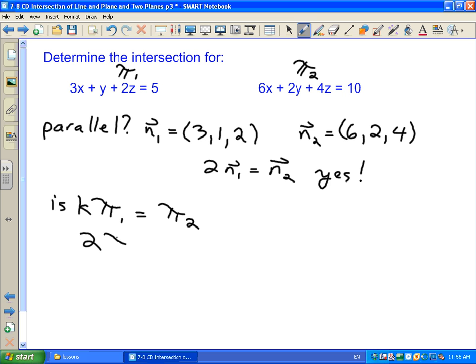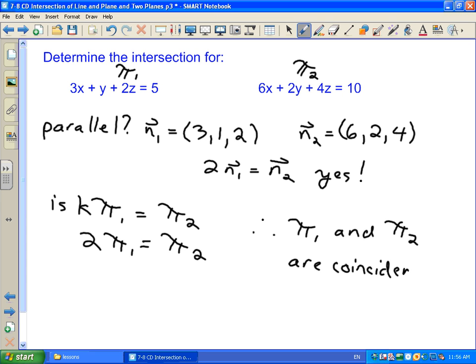So again, 2 times the first plane is going to give us the entire equation of the second plane. So we can conclude with these ones that plane 1 and plane 2 are coincident. Okay.